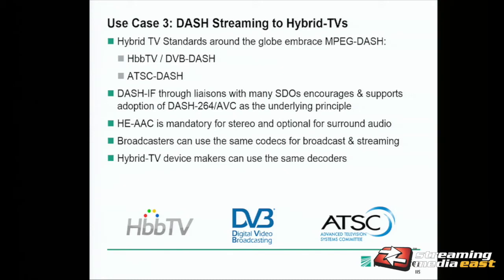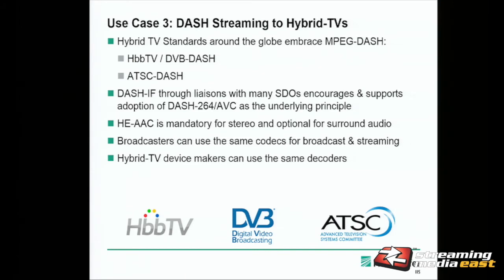And in both cases, Dash Industry Forum is working closely with these SDOs that use the Dash H.264 AVC guideline document that we developed and adapted to their specific use case. So it's always the underlying principle, and then of course it's a TV standard, so every TV standard wants to make its regional optimizations, but it's all based on Dash 264.